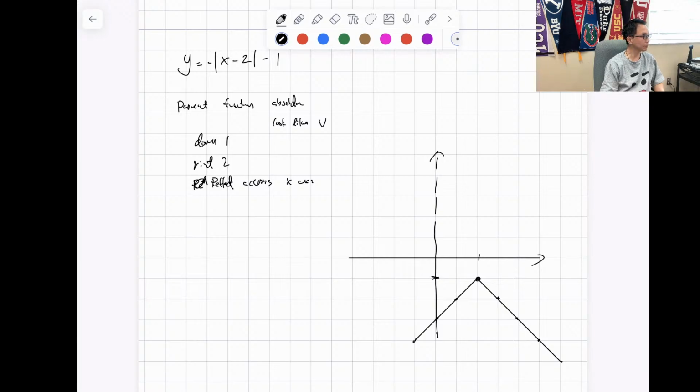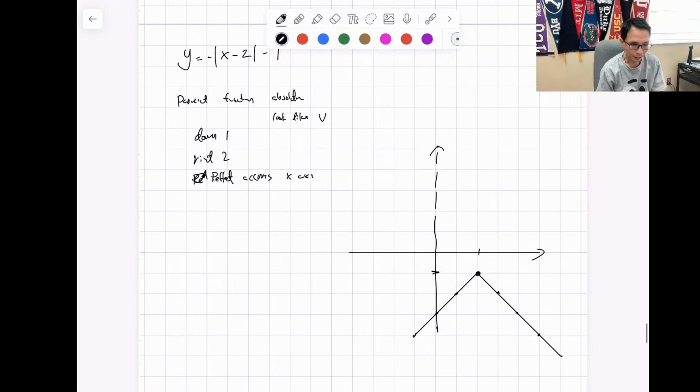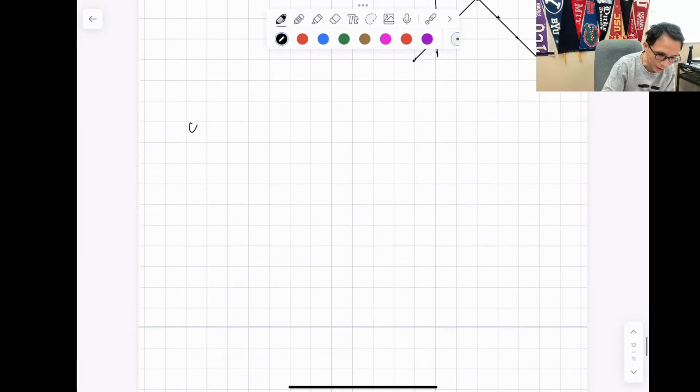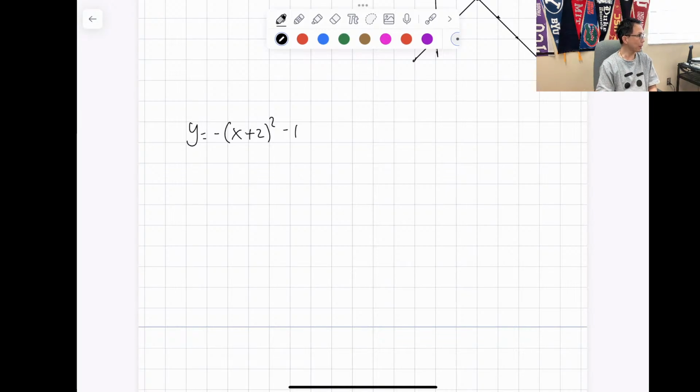Is that okay? Now I'm going to ask you to graph a piecewise function this time, but first I'm going to go to the parabola. So y equals negative absolute value of x plus 2, squared, minus 1. What's the parent function of this one? A parabola. So it's going to be the x squared graph, which looks like a U shape.